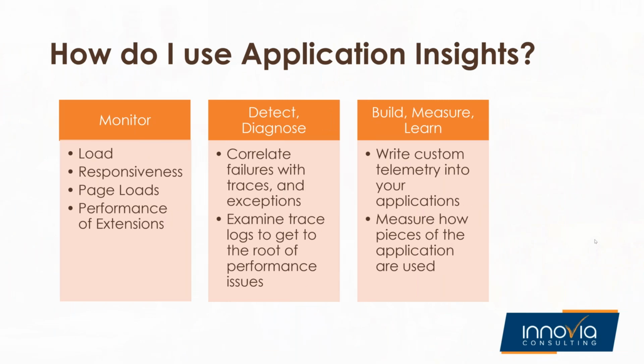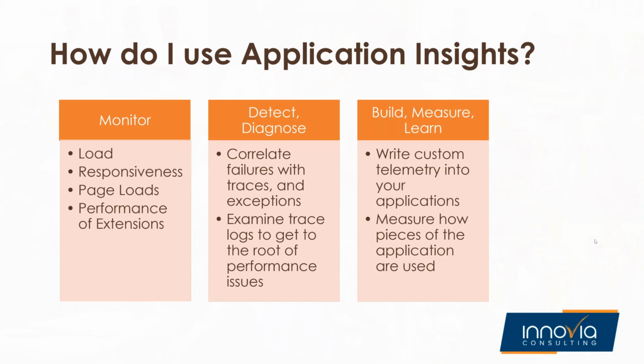As I mentioned on the previous slide, the question is how do you use Application Insights? There are three main areas. You use it to monitor, you use it to detect and diagnose, and you use it to build, measure, and learn. Under monitoring, you can view the load, the responsiveness, and the performance of the customizations and the data in your Business Central environment.